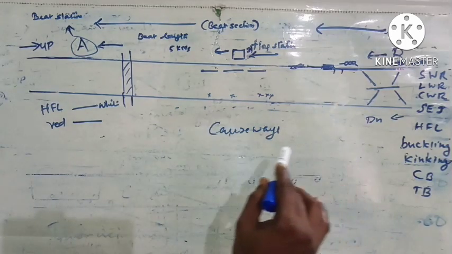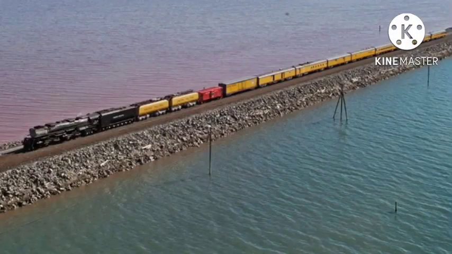In such areas, railway will lay track on a raised earth bed. Here in this picture you can see water on either side. In between this water filled area, an earth bed is built on which a track is laid for the passage of the train. Such a path is called a causeway.